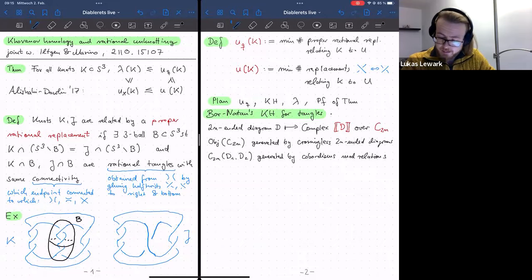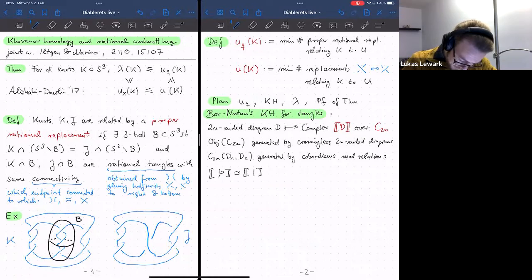Okay, and the way this is done, the Reidemeister tangles get homotopy equivalent chain complexes. So we have the following homotopy equivalences. This is homotopy equivalent to this.